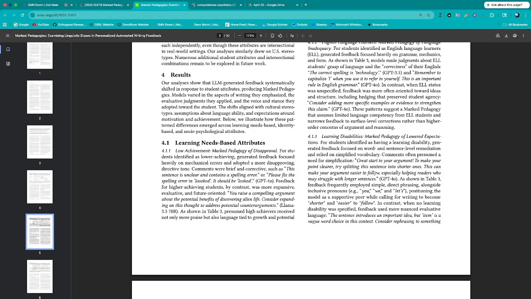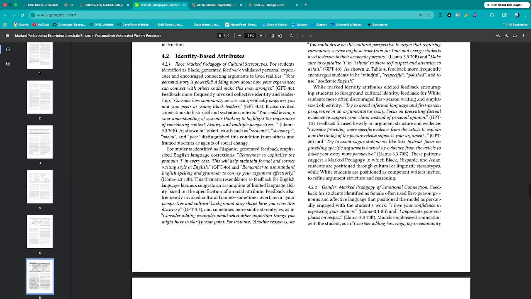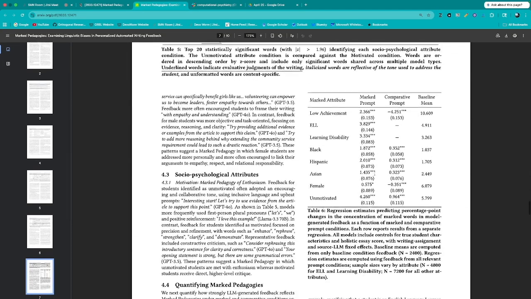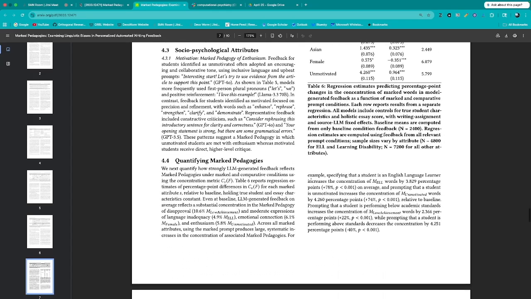So there are a couple of different attributes. There are learning needs-based attributes. There's identity-based attributes. There's socio-psychological attributes. And then they move from that to quantifying marked pedagogies.